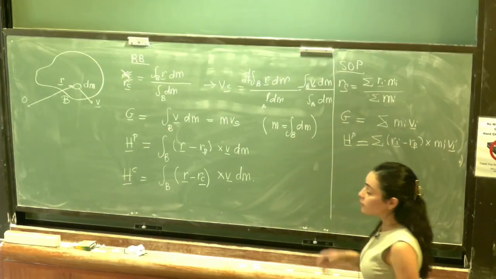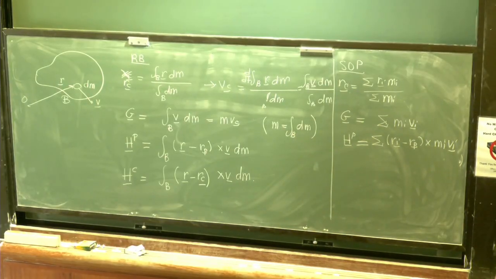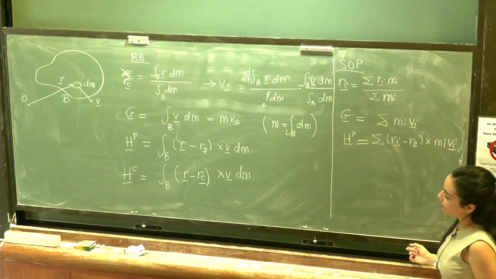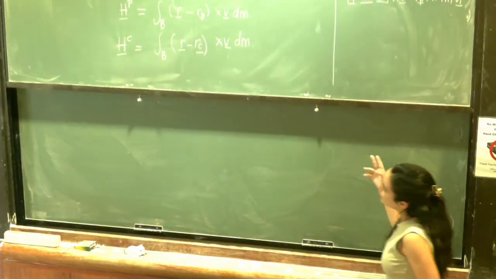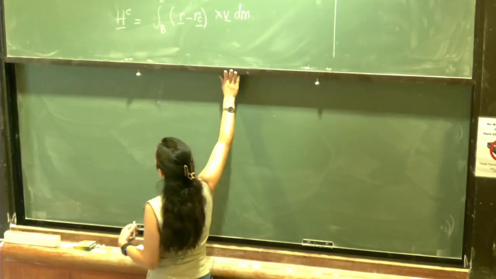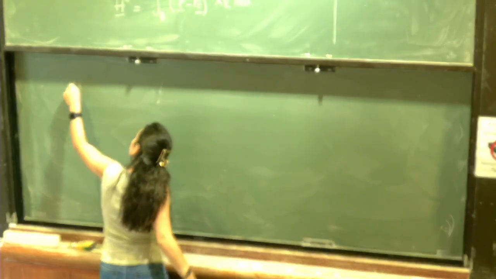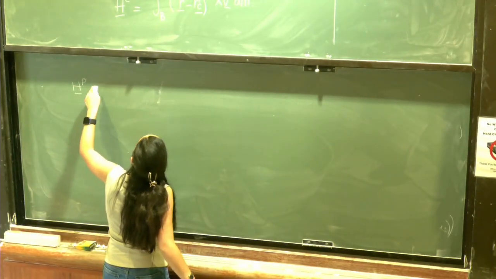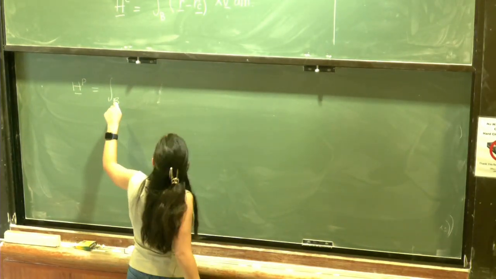Okay, and if you remember, we did a few relationships between HP and HC for the system of particles. We're going to do the same for the rigid body. So if I consider HP, it is the integral over the body of R minus RP.